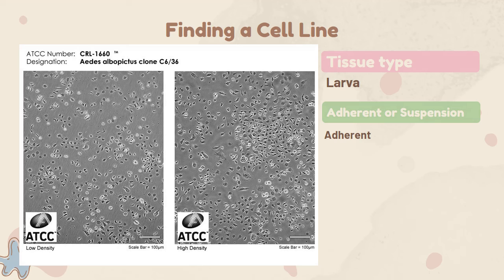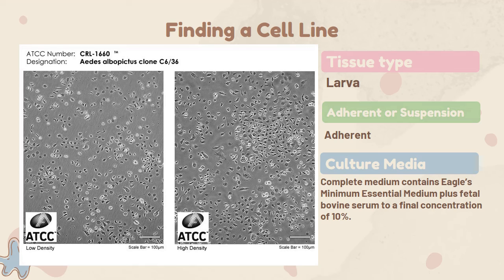This cell line is adherent because adhesion is critical in triggering events such as survival, growth, division, and differentiation. To cultivate this cell line, it is required to use a complete medium that contains Eagle's minimum essential medium added with fetal bovine serum.